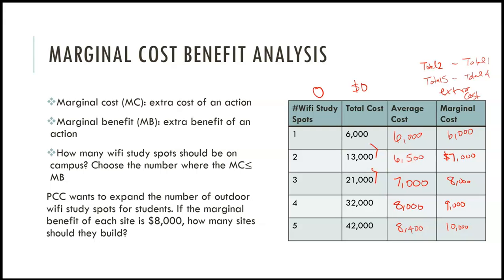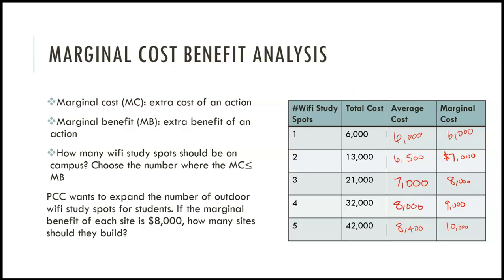So for each of those, to get the marginal cost, I took the total for that number minus the total for the earlier one. So the marginal cost for 5, we took $42,000 minus $32,000. So if you notice, when we're looking at the average and the total cost, they're kind of similar, but they're not the same.